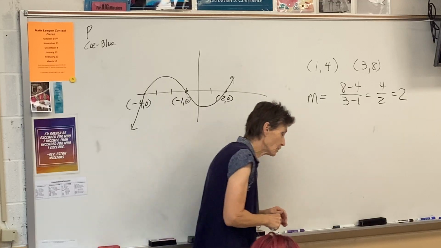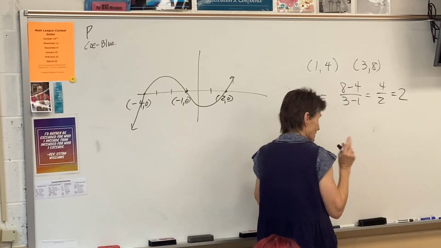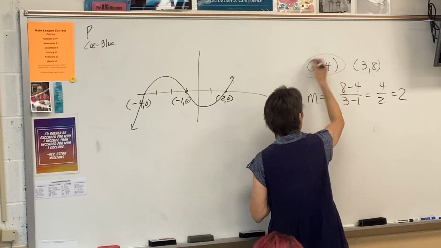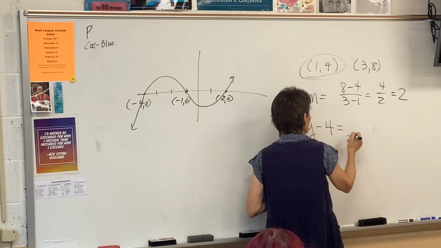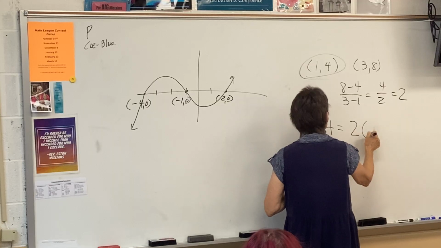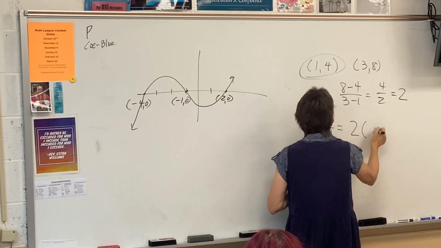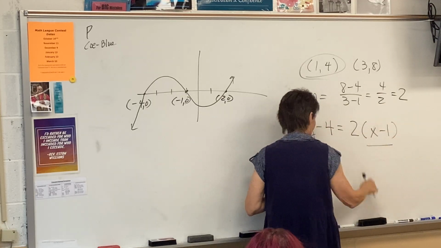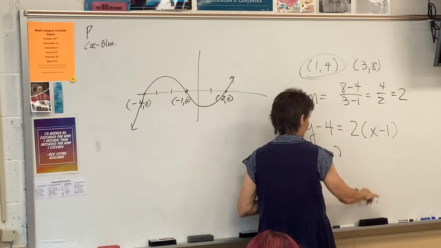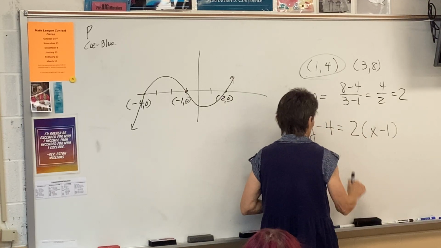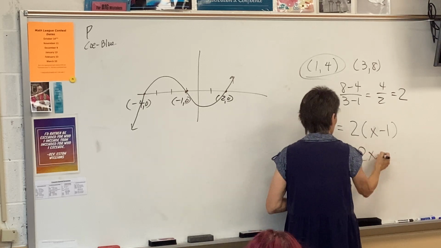Now, I'm gonna go to my point slope form. I'm gonna pick a point. y minus y equals the slope, 2, times x minus the x. I'll distribute.